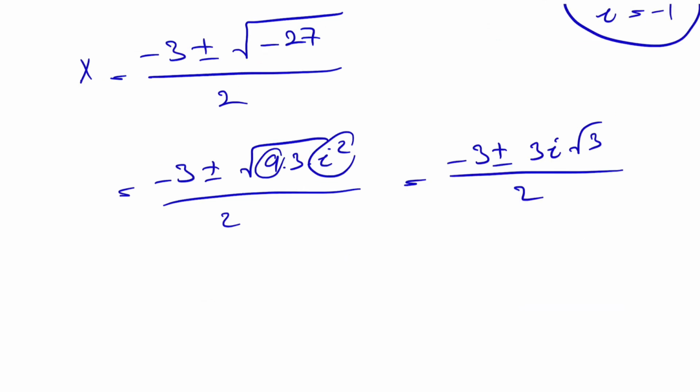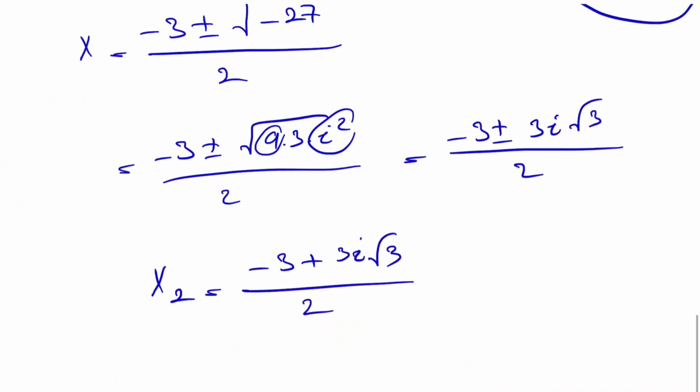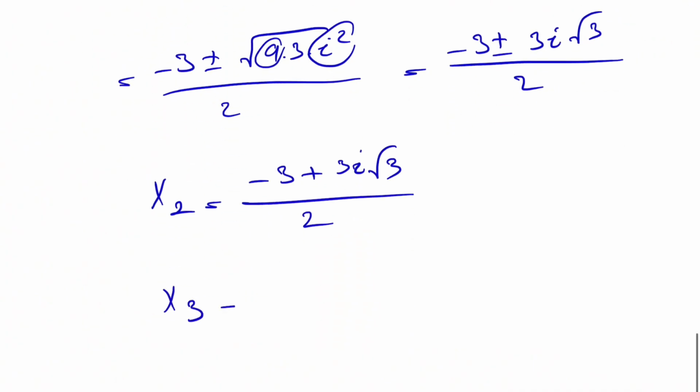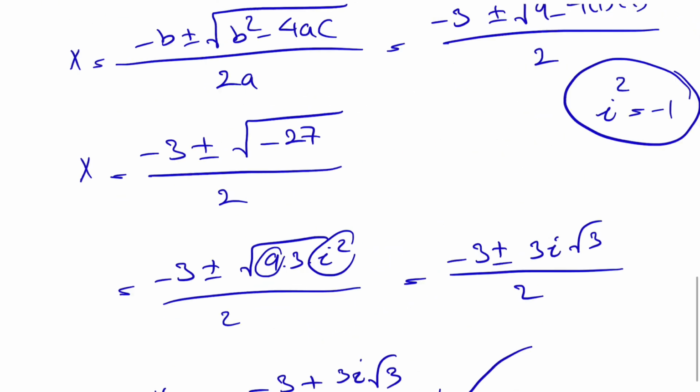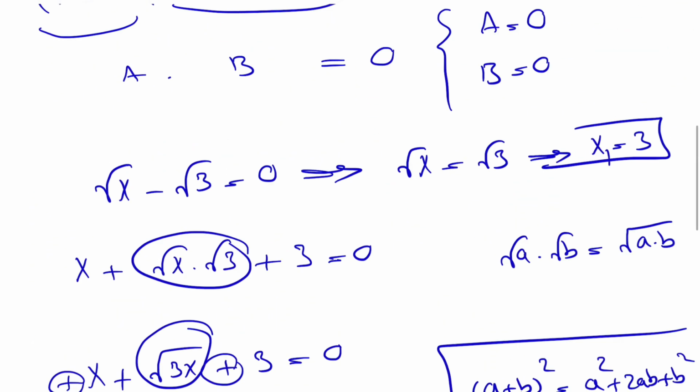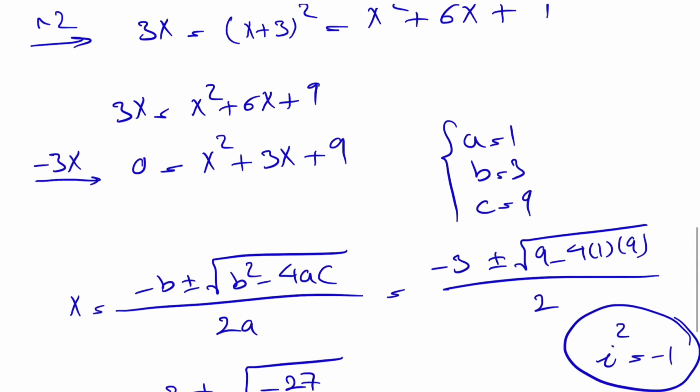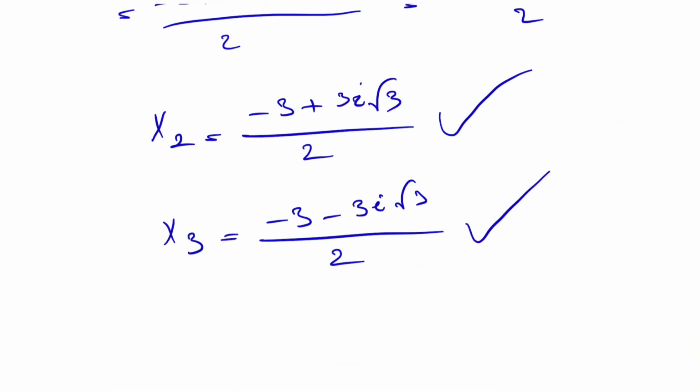And this is going to give us two more answers for this question, which are our complex answers: minus 3 plus 3i square root of 3 divided by 2, and the third one is minus 3i square root of 3 over 2. So two more answers here, and we found the first answer, x is equal to 3, as the final answers for this question.